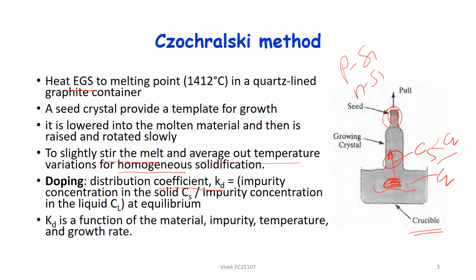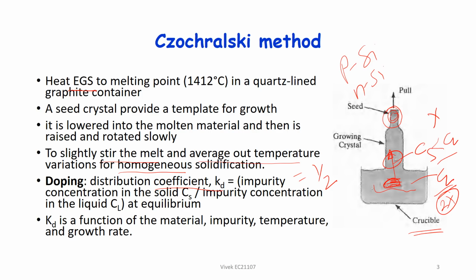So to get a certain impurity concentration, let's say X, you have to have more impurity in the liquid or molten silicon. Let's say Kd is 1/2, so Cs/Cl will be 1/2. To obtain impurity X, you have to have impurity concentration 2X in the liquid.